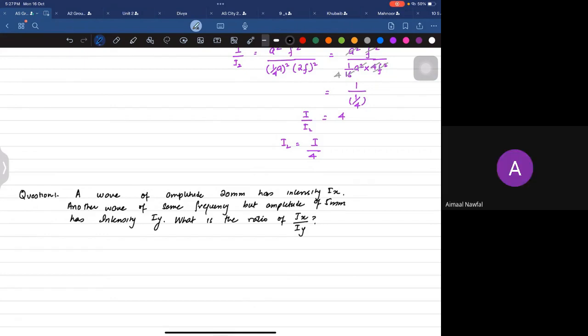So I got 16 is to 1 or 16 divided by 1. Ratio 16. That is absolutely correct. Very good. All right.